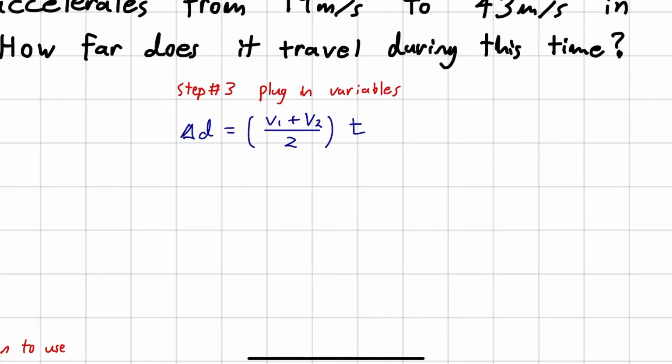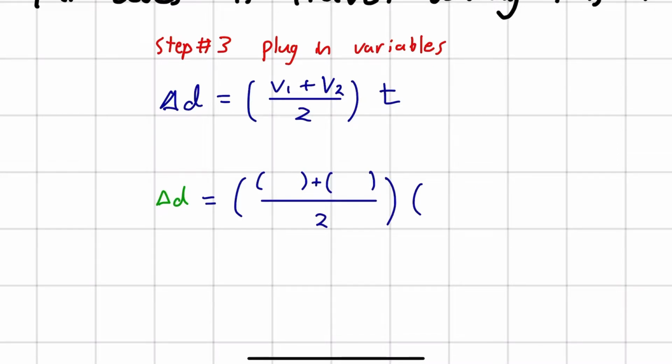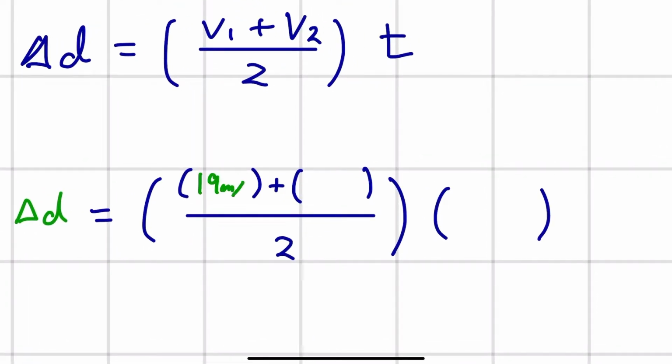Anyways, back to step 3. We're plugging in our known variables. So here we are looking to find delta D. We're not sure of the value there. And we have, for V1, 19 meters per second, V2, 43 meters per second, and our time, 41 seconds.